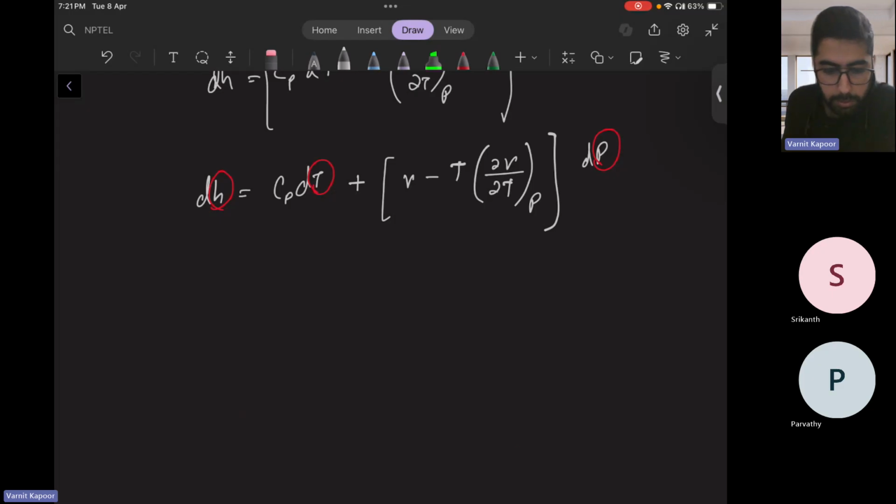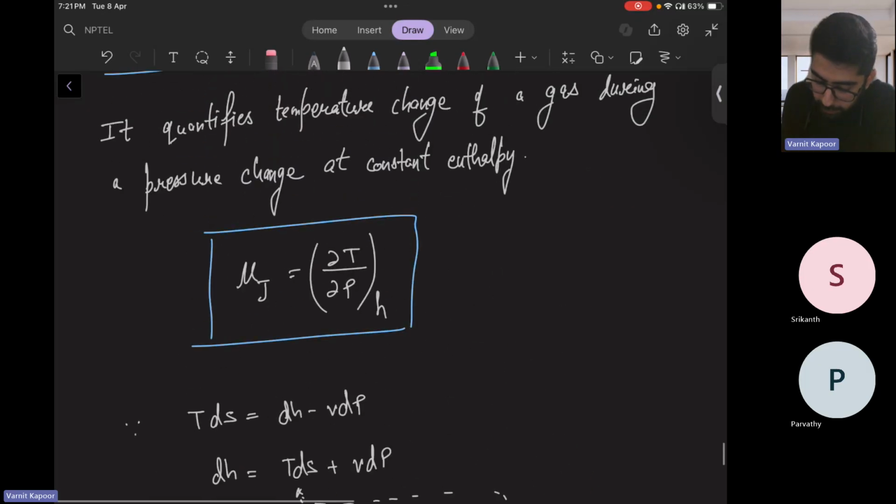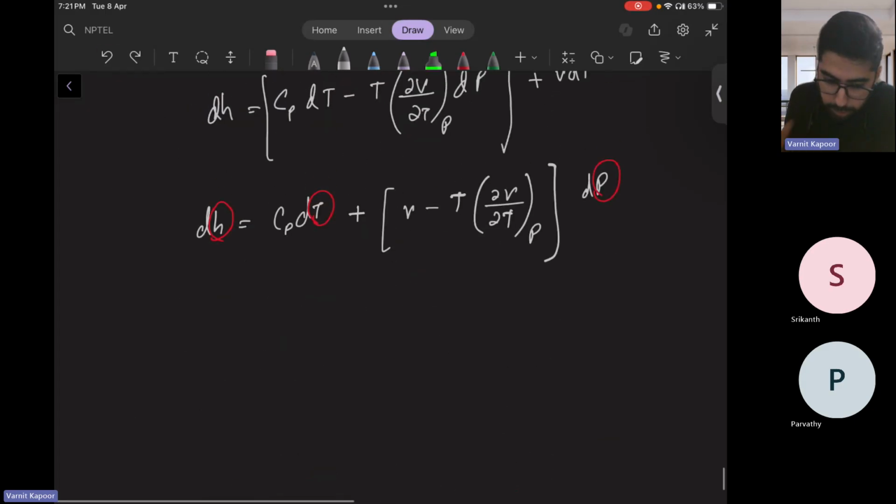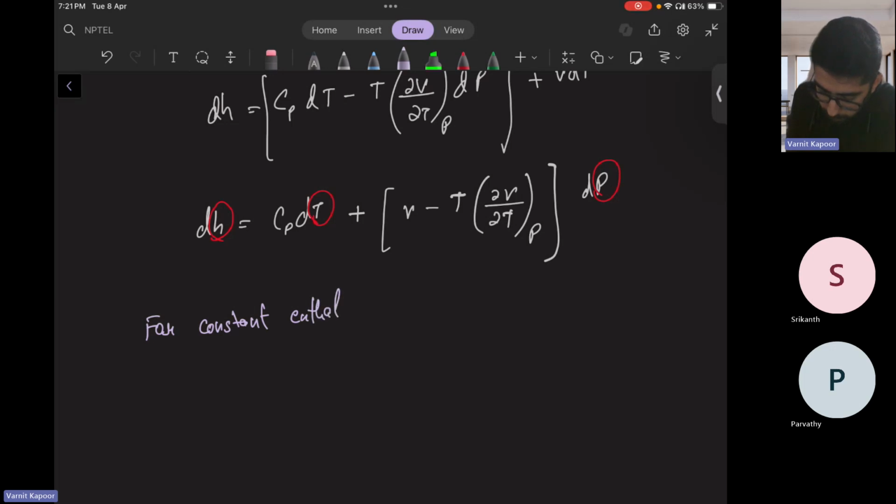So from here, you can say that enthalpy is a function of temperature and pressure. So for constant enthalpy, because your definition of Joule-Thomson coefficient is defined for a constant enthalpy, dH should be 0.